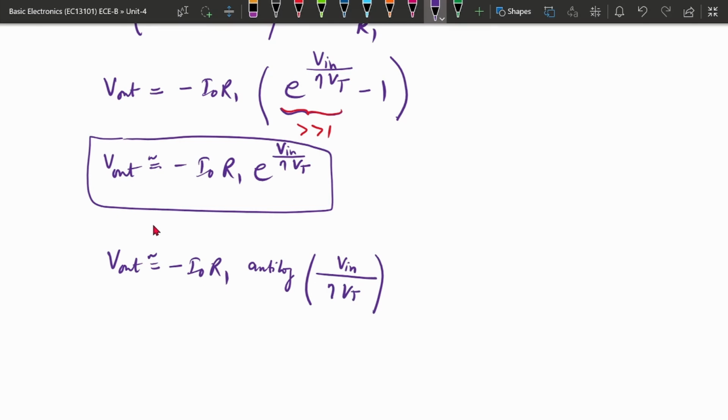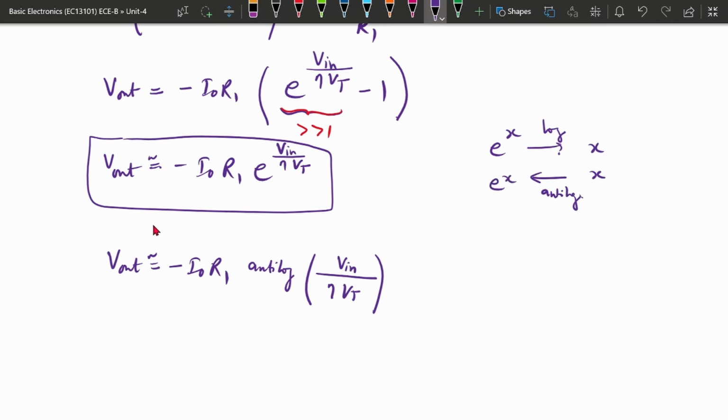If e to the power x is there and we take log of this, it becomes x. Similarly, if we take antilog of x, it will become e to the power x.